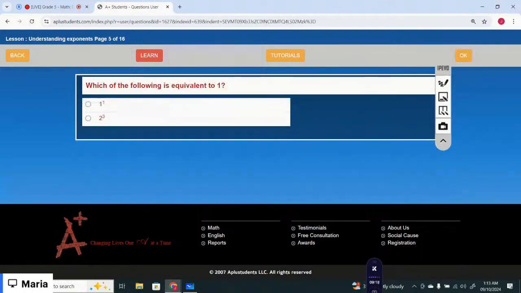Okay, the next one is which of the following is equivalent to 1?